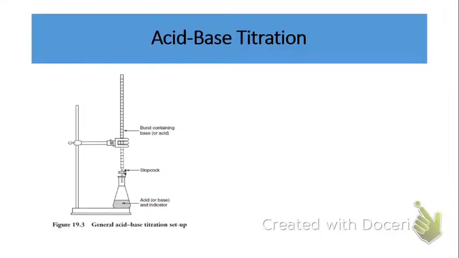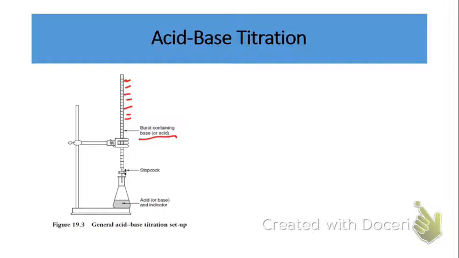So here is the basic setup of a titration. This diagram is in your study guide here. All right, the basic idea is we're going to use a glass burette. This glass burette is usually a long, thin tube that has graduated volumetric marks on it to measure volume.